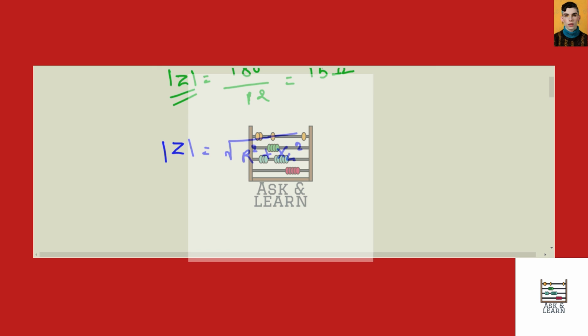If we put the value over here, we get 15 is equal to under root R square plus XL square. Further simplifying, R square plus XL square is equal to 15 square, which is equal to 225, right? So this is our first equation.